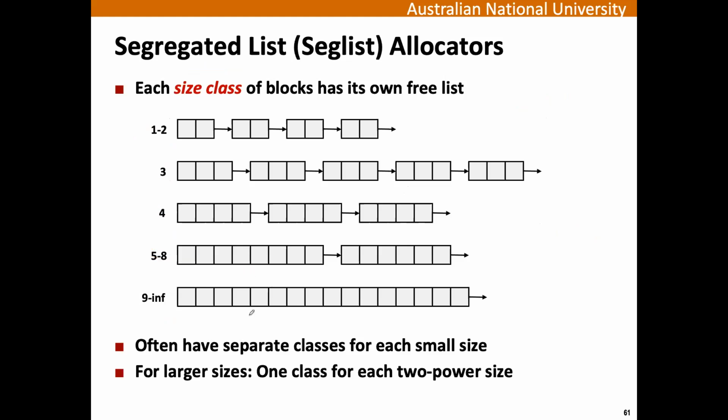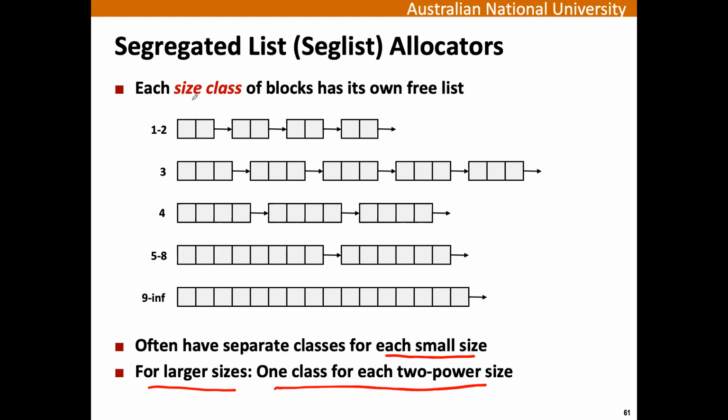So typically you have a separate class for each small size. And for the larger sizes, you have one class for each power of 2. So at some point, you increment your sizes in powers of 2 or in some other way. In the assignment spec, we are telling you how to do that.